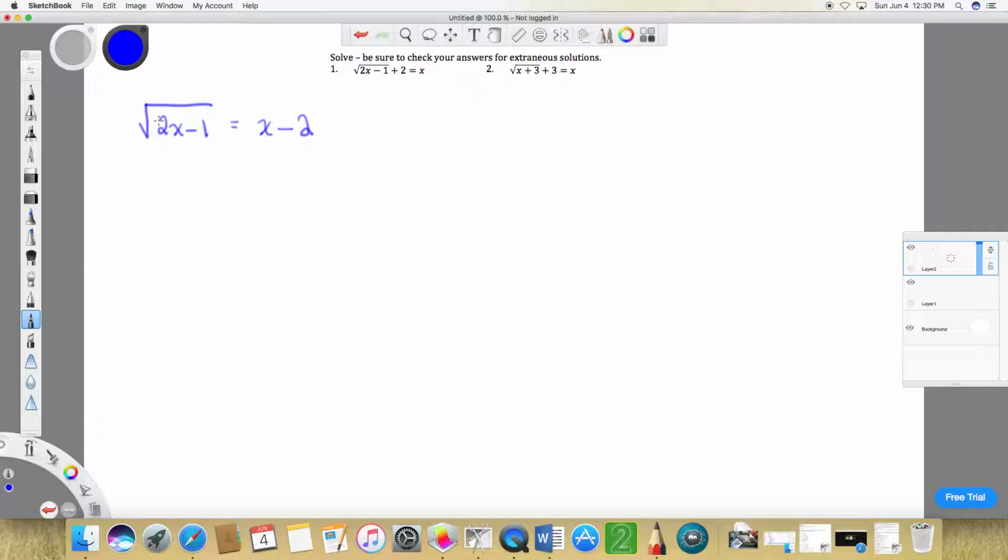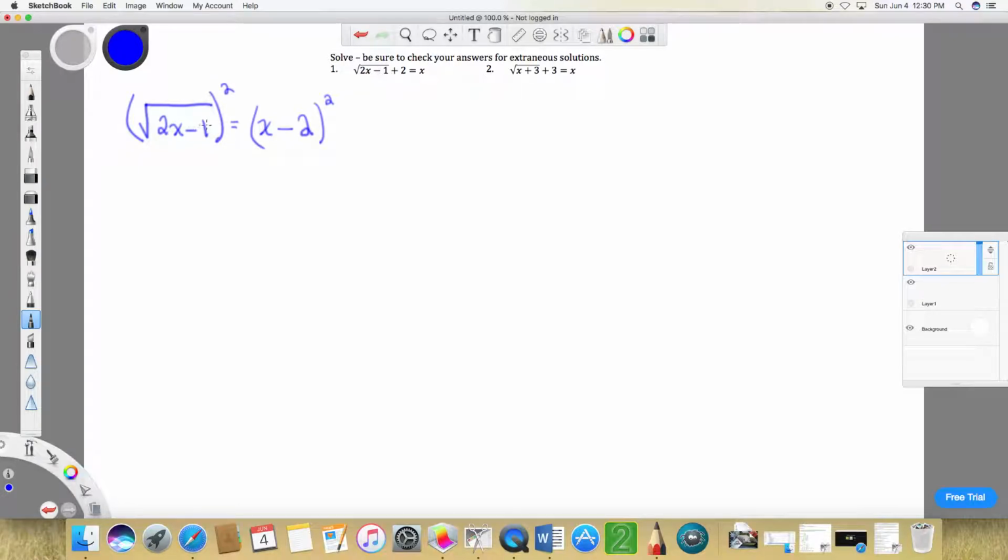So what we're going to do is square both sides of the equation. If we square the left-hand side, we have to square the right-hand side. And when you do something that's non-invertible, you're going to introduce the possibility of extraneous solutions. So we're going to have to check our answers to make sure they satisfy the original equation.